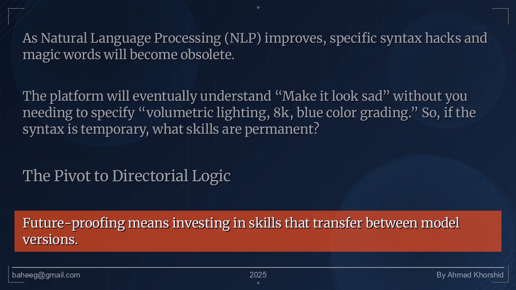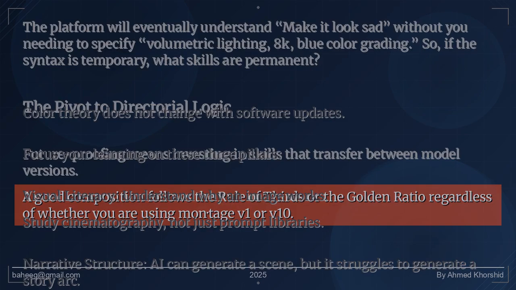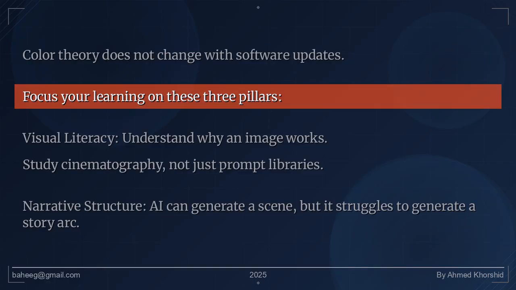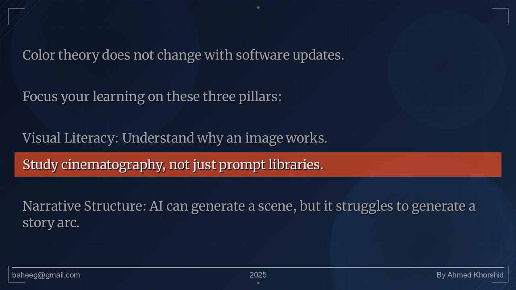Future-proofing means investing in skills that transfer between model versions. A good composition follows the rule of thirds or the golden ratio regardless of whether you are using Montage V1 or V10. Color theory does not change with software updates. Focus your learning on these three pillars. Visual literacy. Understand why an image works. Study cinematography, not just prompt libraries.